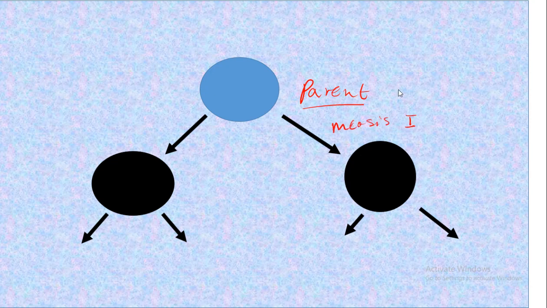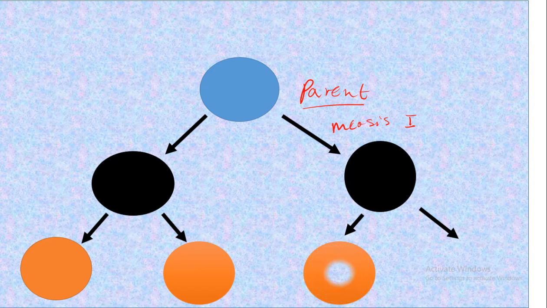Then this cell will undergo the second meiosis, and this cell will also undergo another second meiosis. This one will produce that cell, that one will produce another cell, and so on. So these are the 4 daughter cells which have been produced.